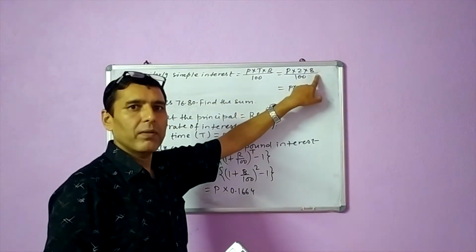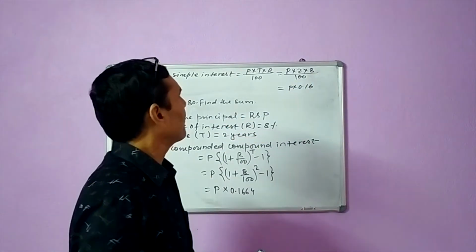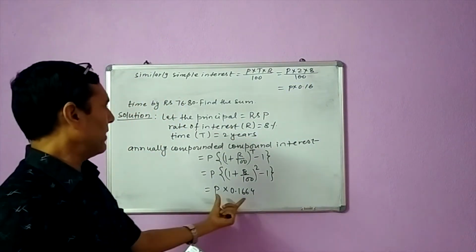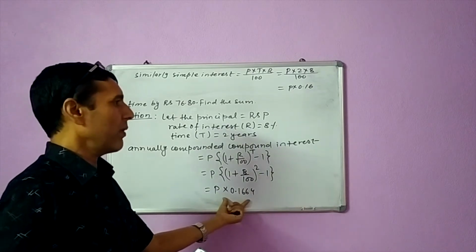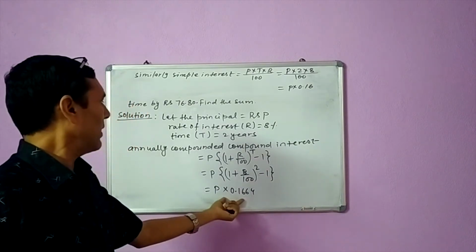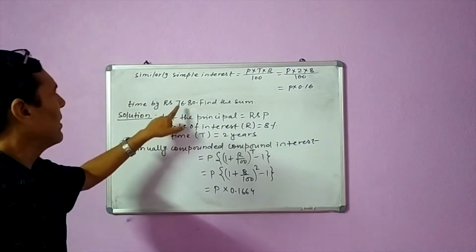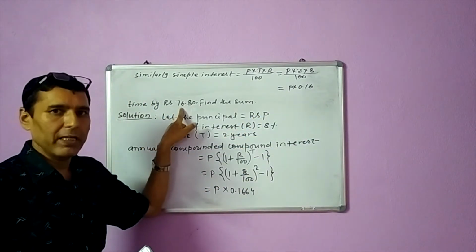of 8% per annum. So according to the question, the difference of these two interests, the yearly compounded compound interest and this simple interest, is given as 76 rupees 80 paisa.